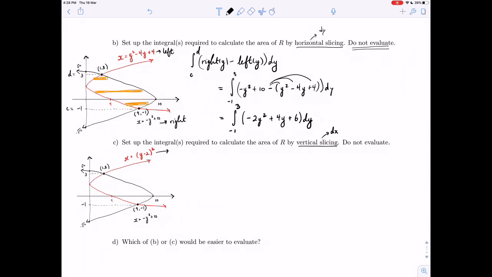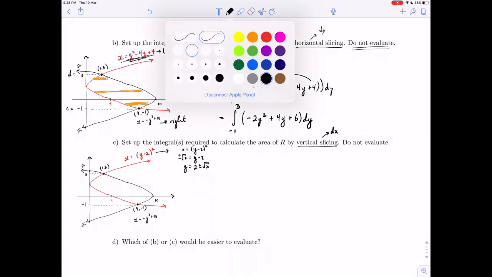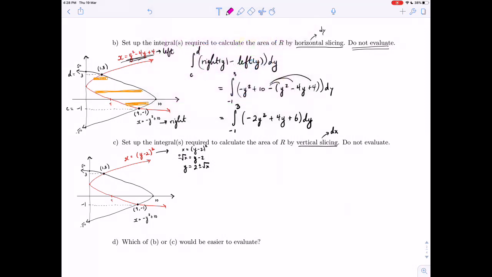So if we take the first parabola, which is the same as up here, I've just written it in its factored form, and we try to solve for x, so if x is y minus 2 squared, then plus or minus the square root of x is y minus 2, or y is 2 plus or minus the square root of x. So we have two functions here. So what is that telling us on the curve?